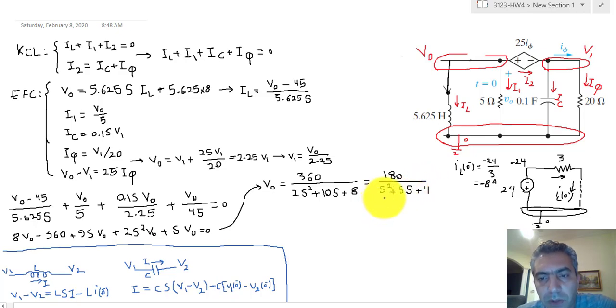So we first find the roots of this here, and the roots, once you do that, you realize it's going to be minus 4 and minus 1, so we just rewrite this as K1 divided by s plus 1 plus K2 over s plus 4.